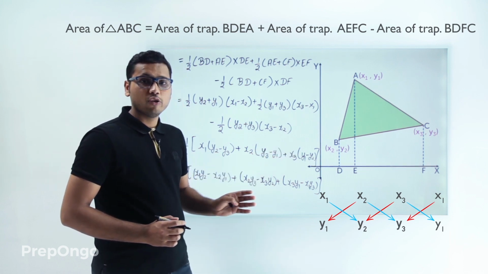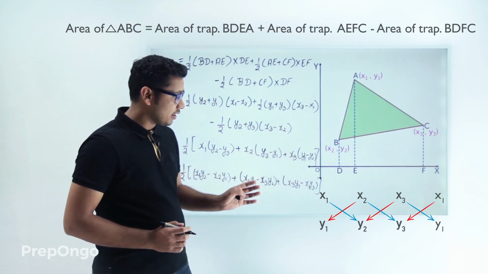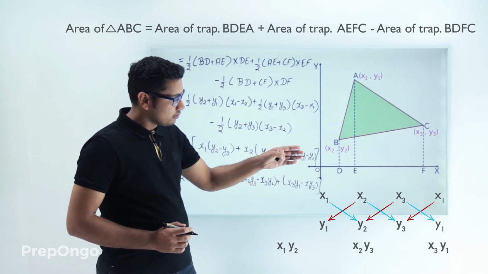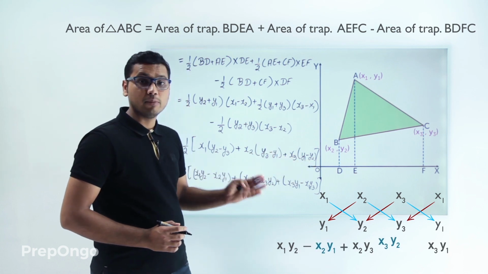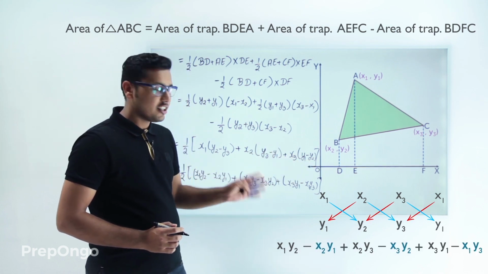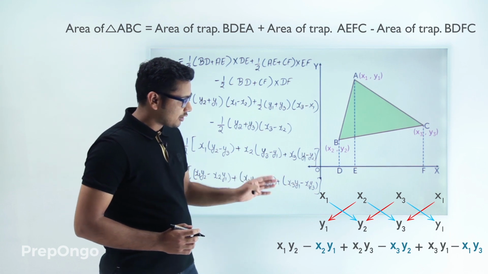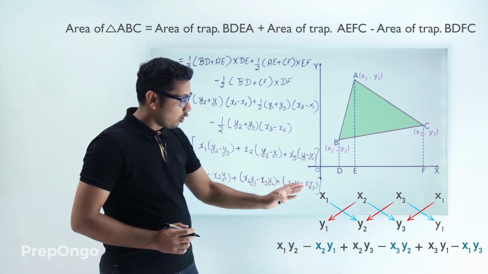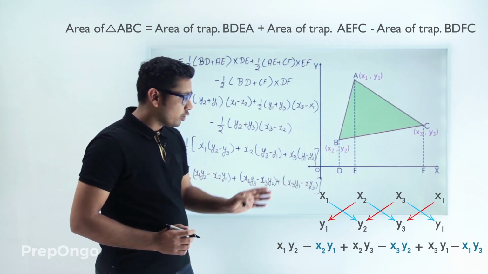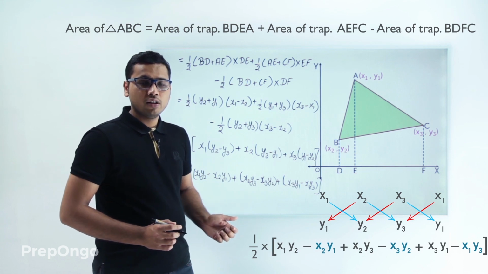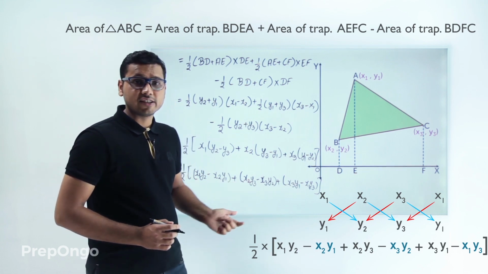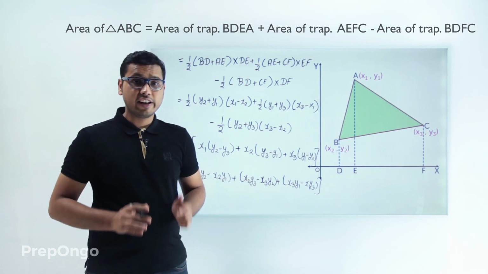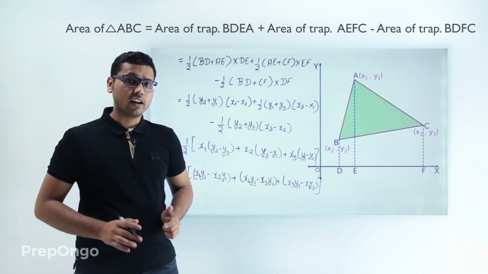The arrows which are pointing from left to right come out to be positive and the arrows which are going from right to left come out to be negative. So our final expression comes out to be x1 y2 minus x2 y1 and so on, and finally we multiply this whole expression by 1 by 2. So this is the method to remember the second expression. We can apply both expressions and find the area of any triangle whose coordinates are given to us.